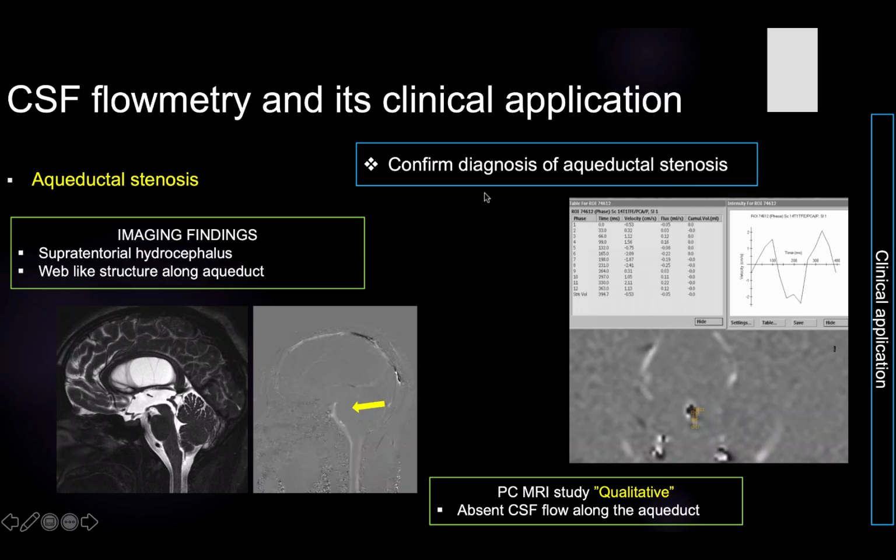With CSF flowmetry, we can confirm the diagnosis of aqueductal stenosis by doing a qualitative assessment and seeing that there is an impedance or absence of pulsatile CSF flow along the aqueduct of Sylvius. This means that there is an obstruction along the aqueduct of Sylvius, and this confirms the diagnosis of aqueductal stenosis.